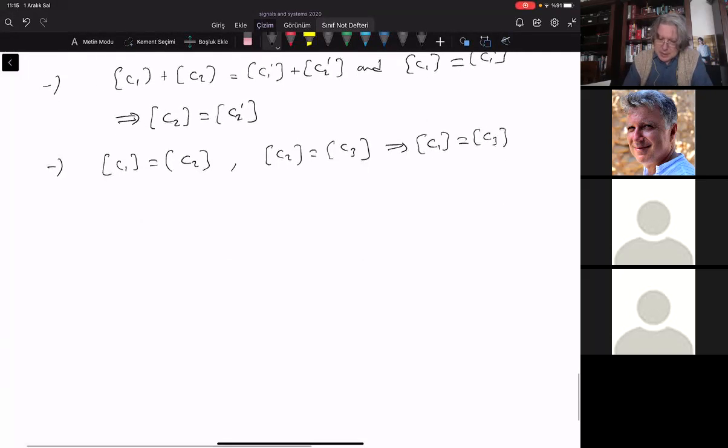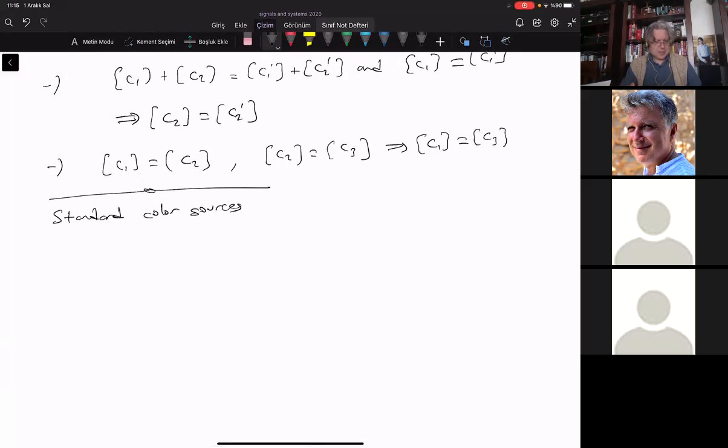There are some standard color sources. These color sources are essentially known as the color transformations.